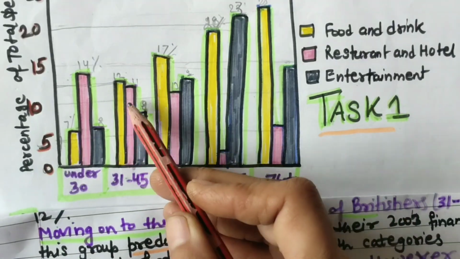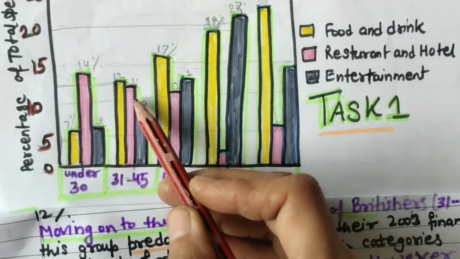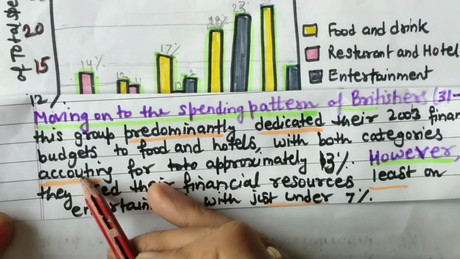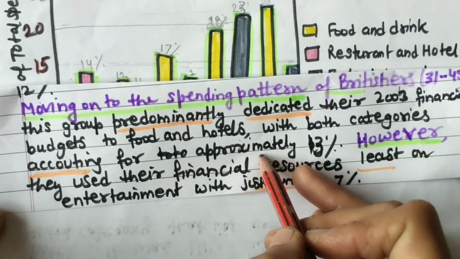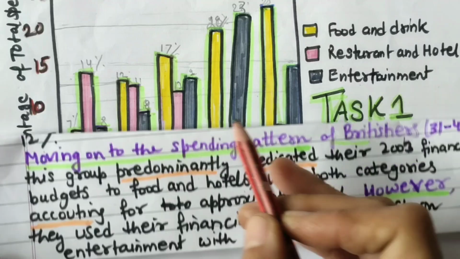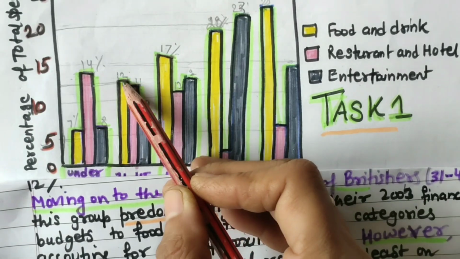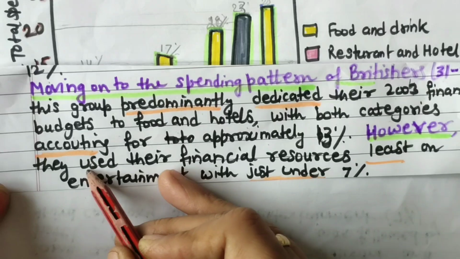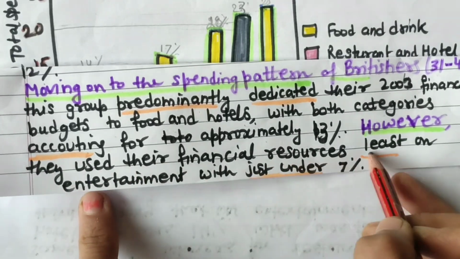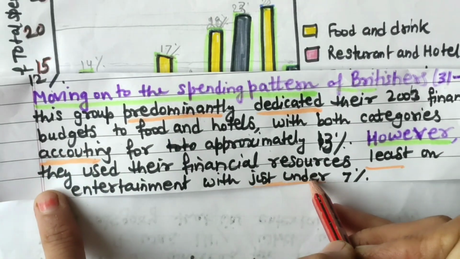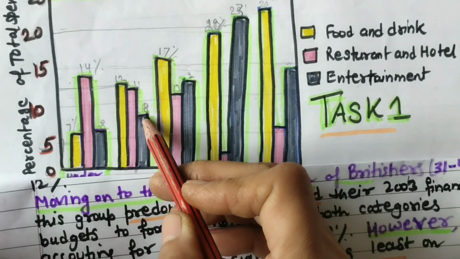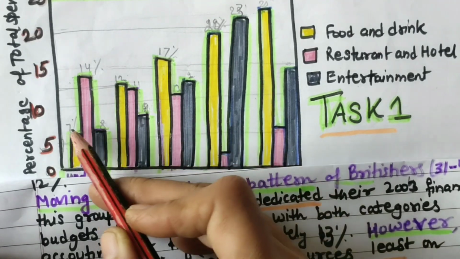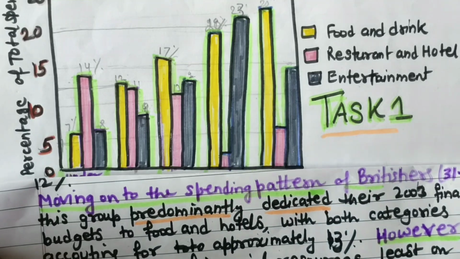See this, food and hotels, with both categories accounting for approximately 13%. The counts of 12 and 11 are given, so they have combined 13%. However, they used their financial resources least on entertainment, with just under 7%. You can write 7 or 8%.